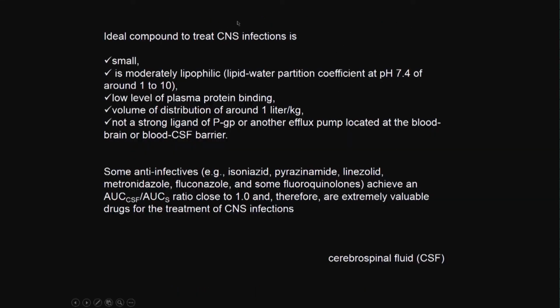Ideal compounds to treat CNS infection, that means if there is any infection in the brain region or in the cerebrospinal region, then we need to have a lot of antibacterials. The molecule should be small and moderately lipophilic, with a lipid water partition coefficient at pH 7.4 of around 1 to 10, and a low level of plasma protein binding, because we do not want it to be effluxed out from the BBB. The volume of distribution should be around 1 liter per kg, and it should not be a strong ligand of P-gp, you do not want it to get effluxed out.